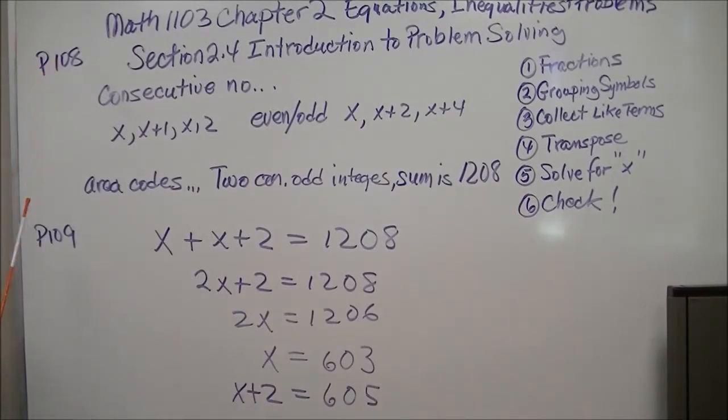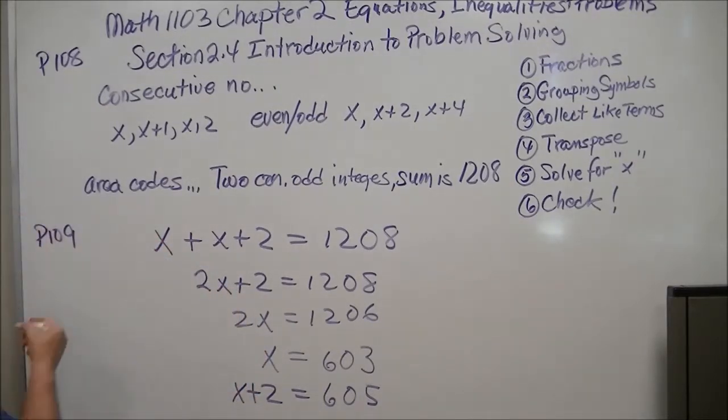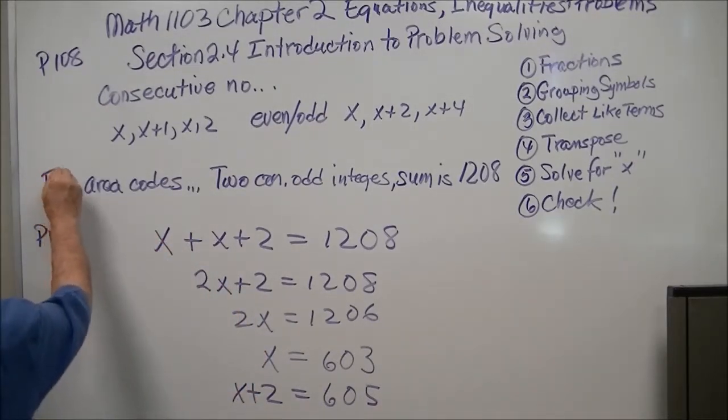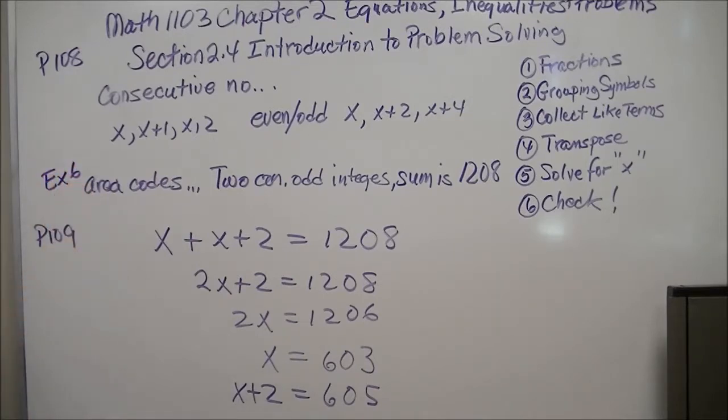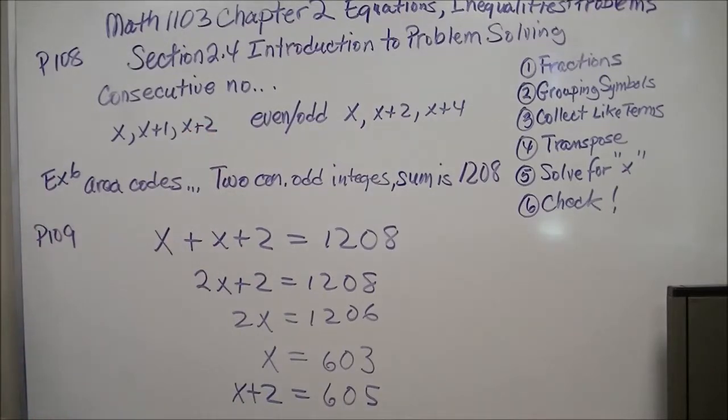In example, actually this is example 6, we want to do a little background review of consecutive numbers. If you have numbers that are consecutive, and if this is the first number, 5, then 5 plus 1 is 6. 5 plus 2 is 7.